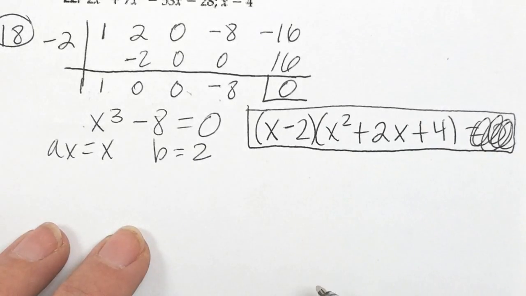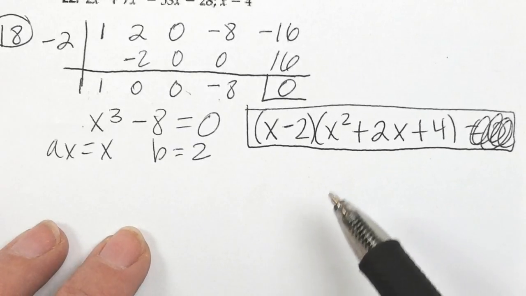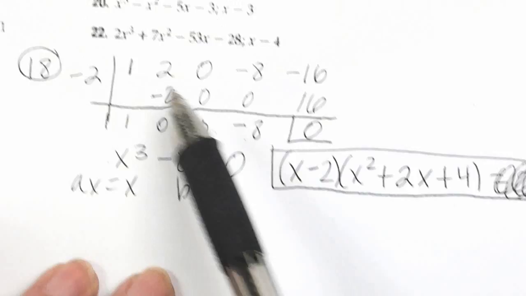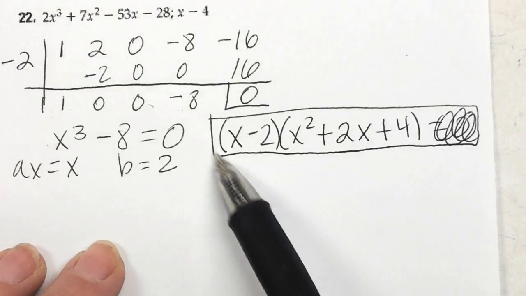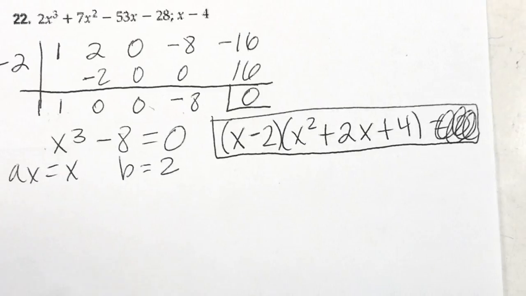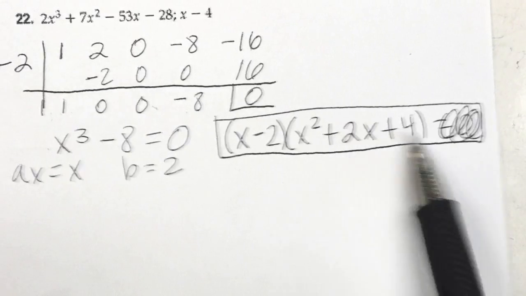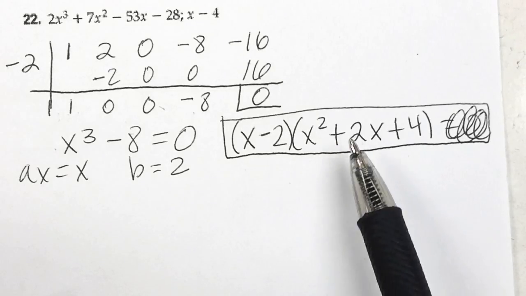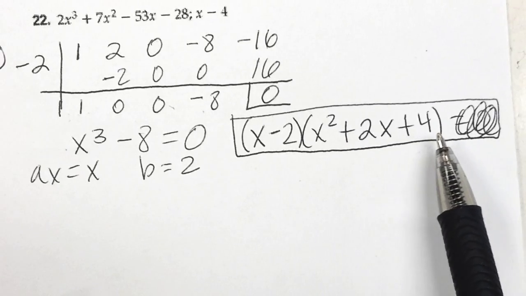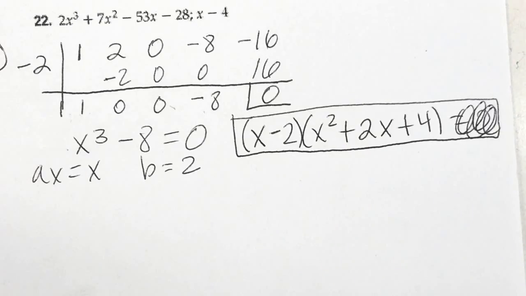No quadratic formula. It didn't ask us to solve for x. It just says find the remaining factors. We know that x plus 2 was a factor. Now we know that x minus 2 and x squared plus 2x plus 4 are factors. Why could we stop right here? Could we factor this down anymore? Can you find any factors of 4 that could add together to get 2? No. So we leave it like that.